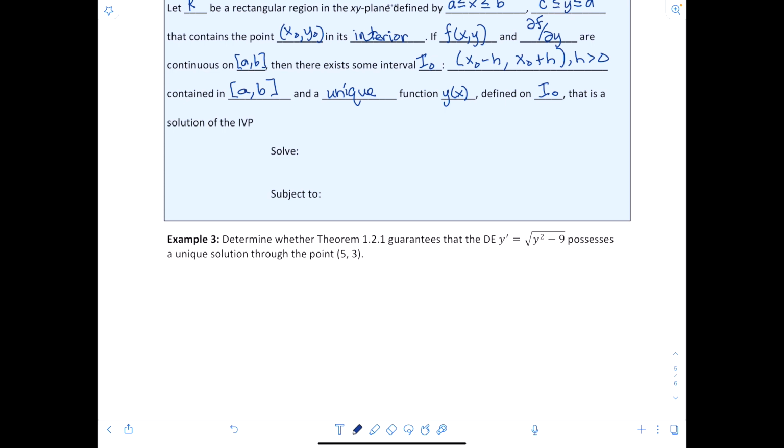So remember that problem was solving dy/dx equal to f of x and y, subject to y of x0 equaling y0.